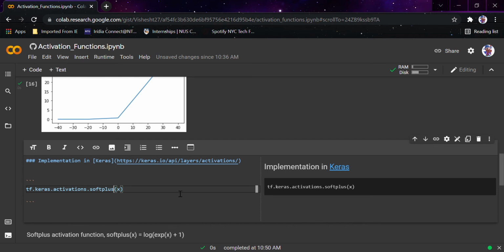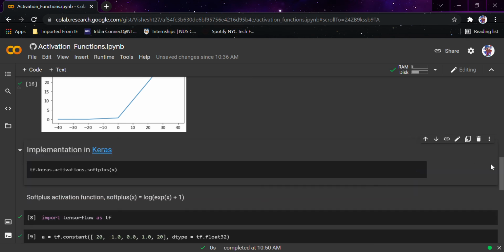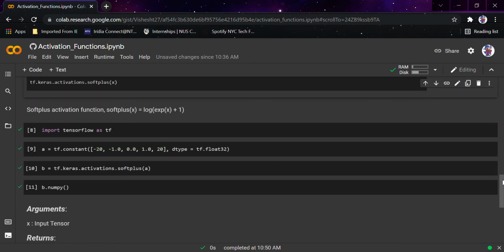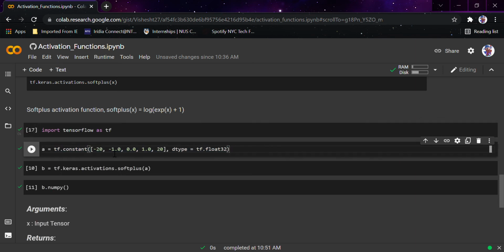So I have changed it, I have confirmed it, and now we would be looking at the implementation in Keras using SoftPlus. The SoftPlus activation function, that is softplus(x), is equal to log of exponential x plus 1. First we will import TensorFlow as tf, and a is going to be tf.constant of minus 20, minus 1, 0, 1 and 20. We would run this, and now b is going to be the tf.keras softplus.